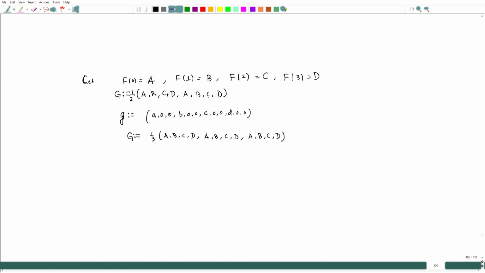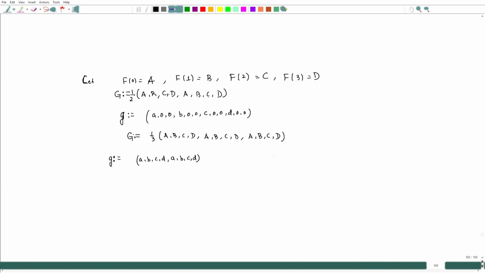Now, for the other part, if we would like to define our g to be a b c d, a b c d, that means g of n is equal to f of n.